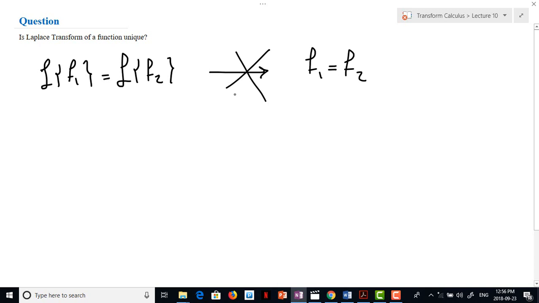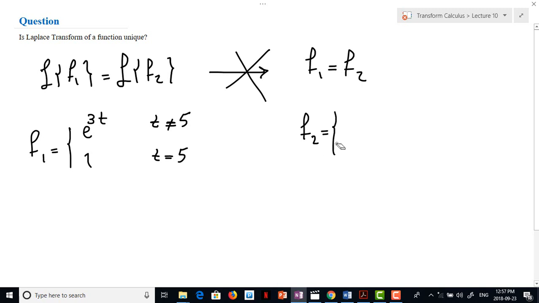Now I give you one example where two functions are not equal, but they have the same Laplace transform. Let's assume we have a function f1, which is e to the power of 3t for all t's except t equal to 5, but when t is equal to 5, it is 1. The other function f2 is just e to the power of 3t.